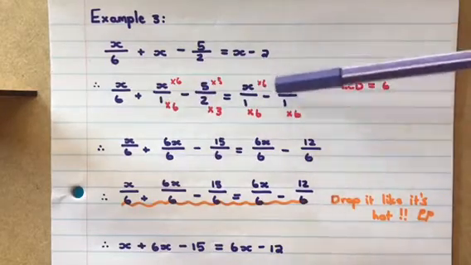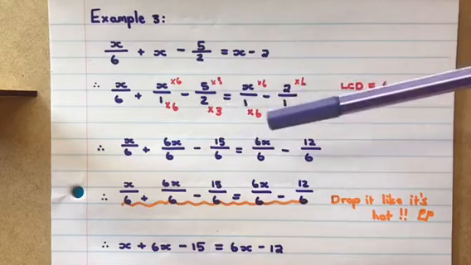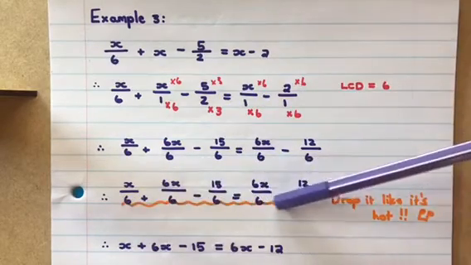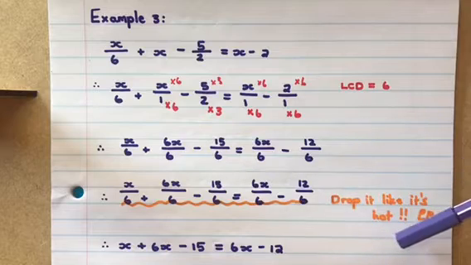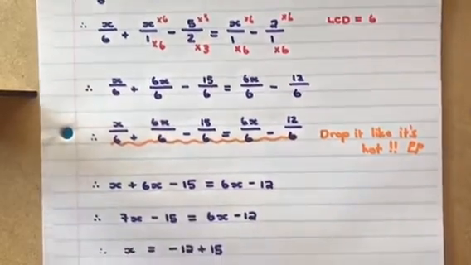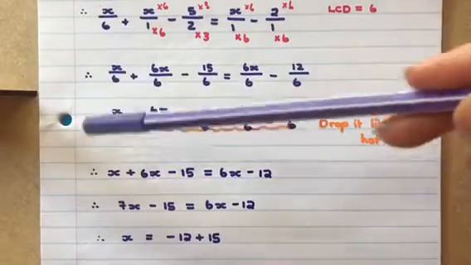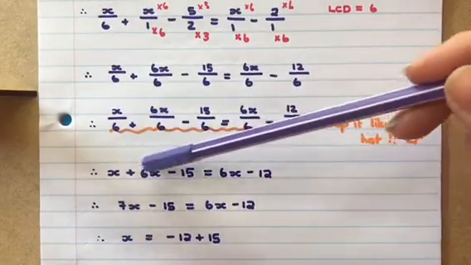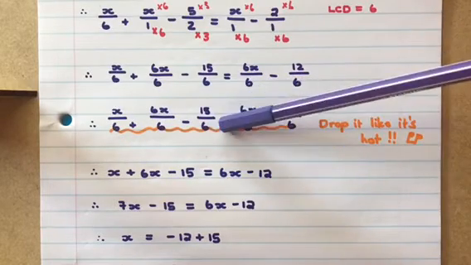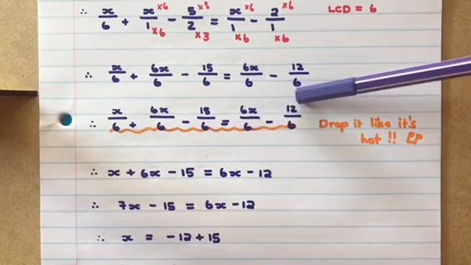Lots of you, that's the problem that we get with these type of sums. Okay, then once you've got a common denominator with all of them, you drop it like it's hot. And then what is left? Only the numerators. I'll show you. X plus 6x minus 15 is equal to 6x minus 12.